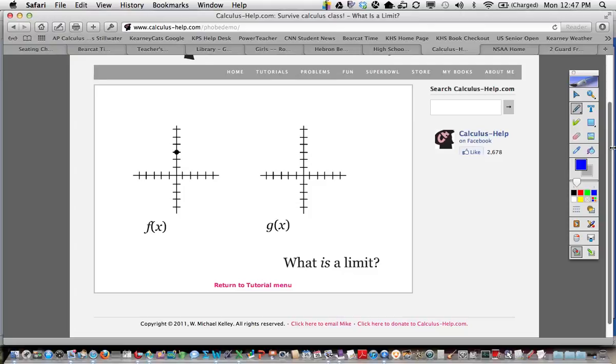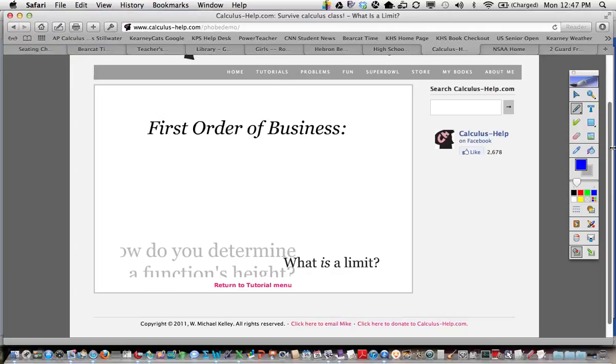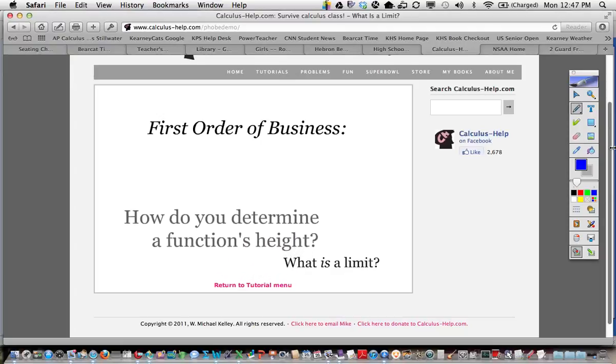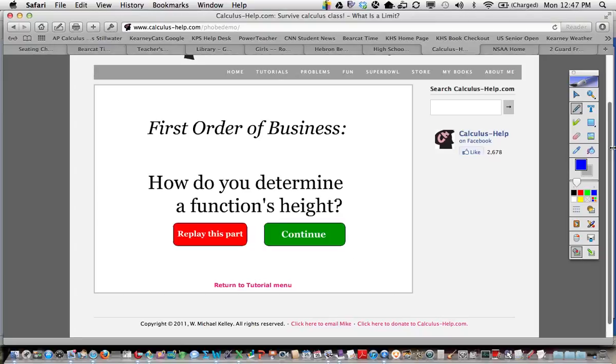If a function intends to reach 3, it reaches 3. If a function intends to go 6 units high, it goes 6 units high. There hasn't been a lot of mystery so far. So I understand that you might be a little confused, but you've dealt with function heights a lot, so we might as well review function heights a little bit and then get into exactly what I mean by intending to go to a certain height.